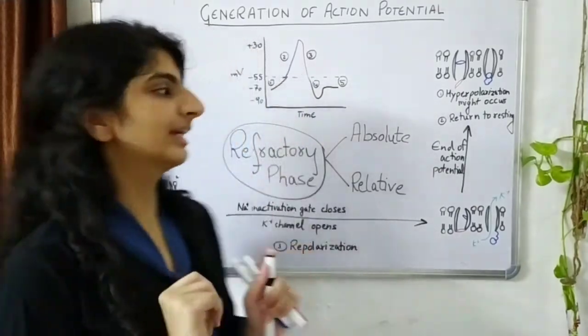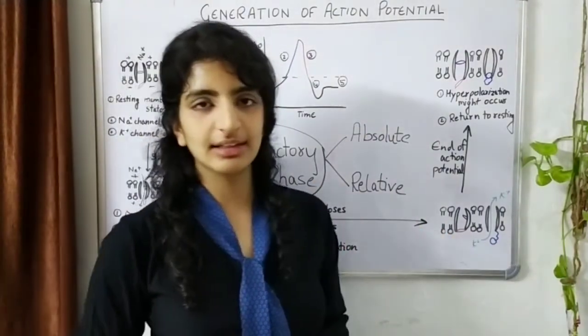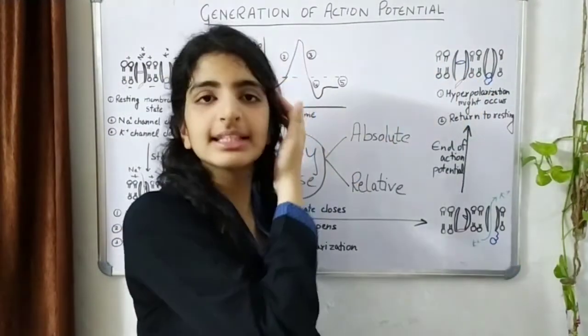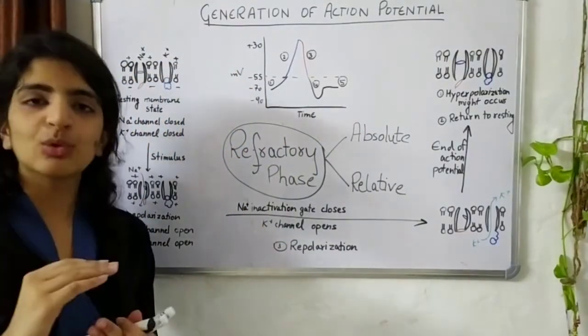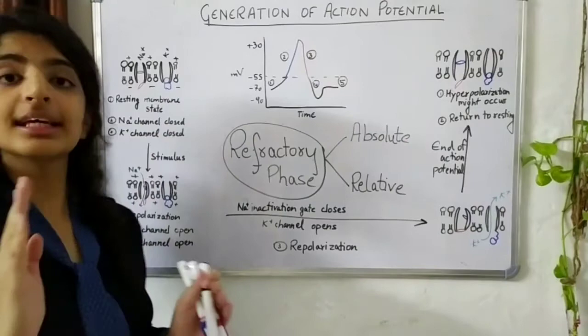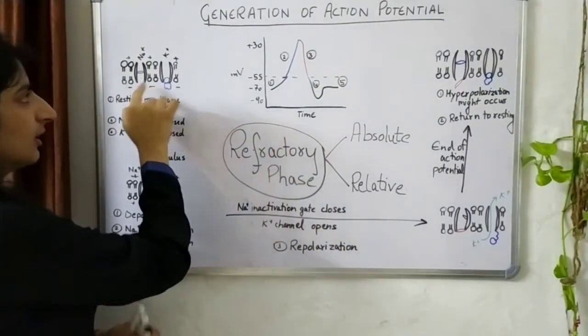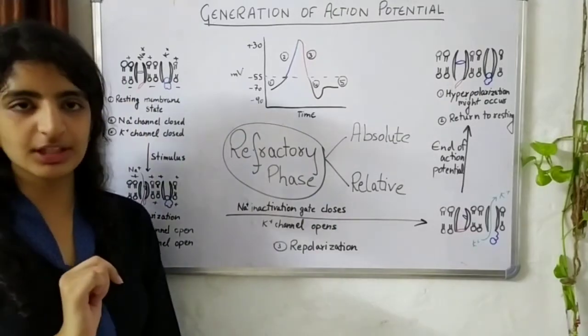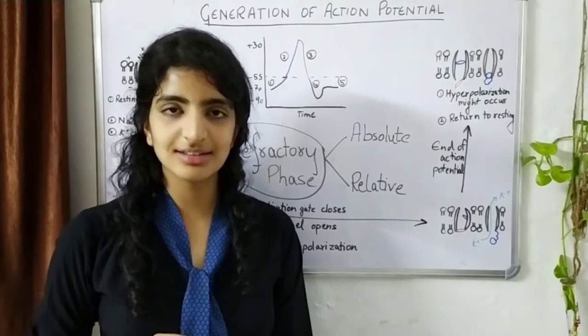And this will be the phase till our sodium ion channel is not back to its resting state. That is, its activation gate is closed and the inactivation gate is open. As soon as our sodium channel reaches the resting membrane stage, that is when the relative refractory phase starts.